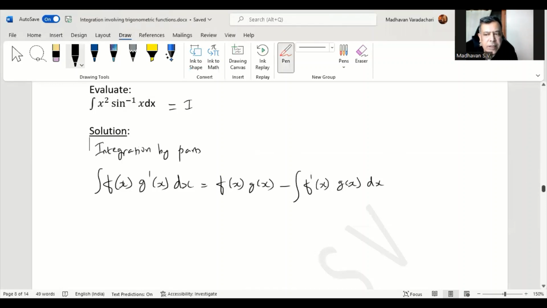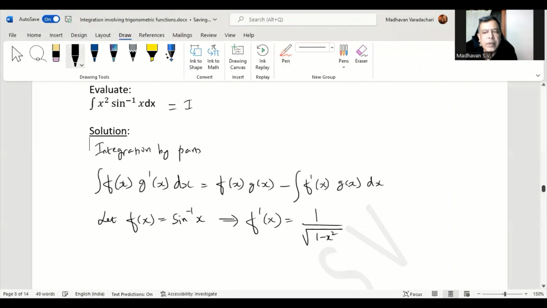So let f of x equal to sine inverse of x. We are assuming sine inverse of x as the differentiable function, which means our f dash of x will become 1 divided by square root of 1 minus x square.